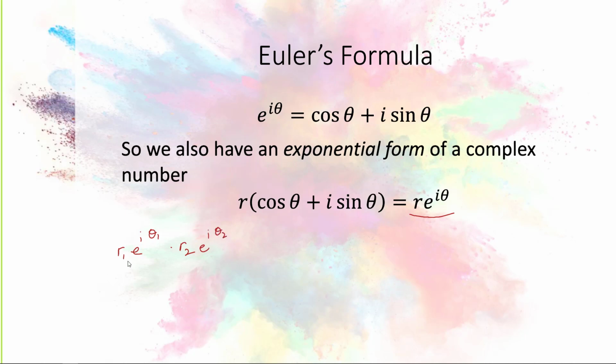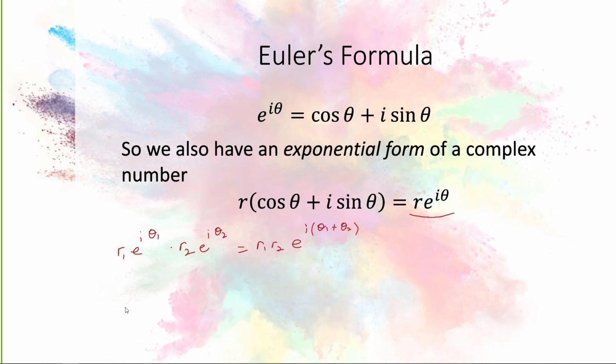Well, we know how to multiply numbers with exponentials in them. This is going to be R1 times R2, and then we're going to have e raised to the sum of the exponents, which will be I times theta 1 plus theta 2.